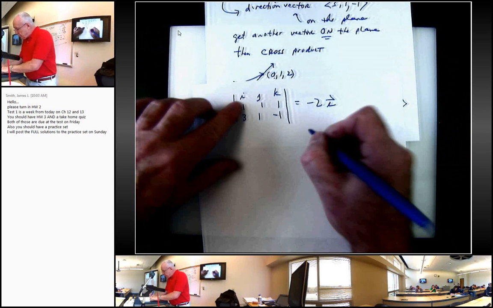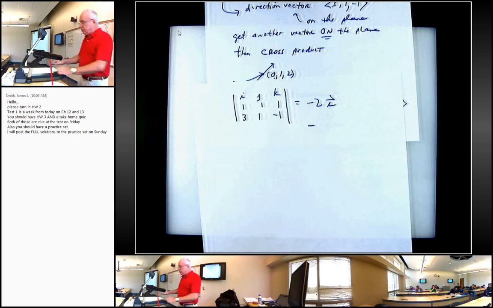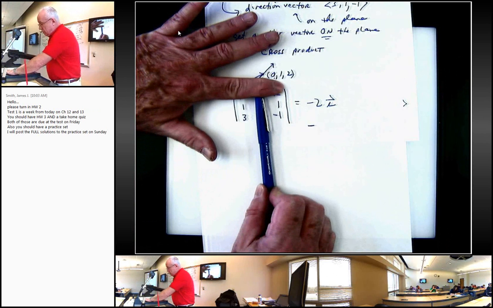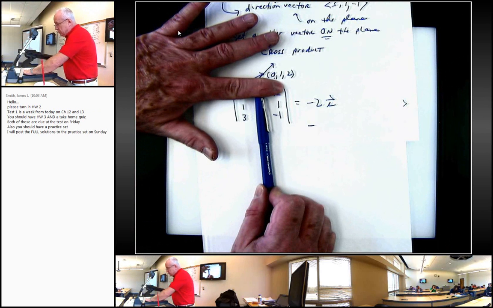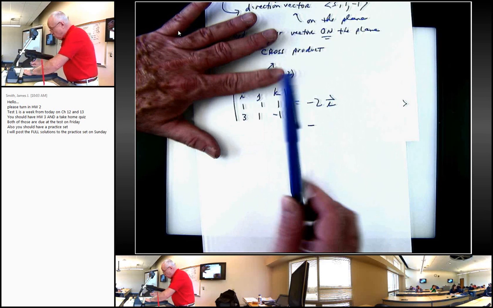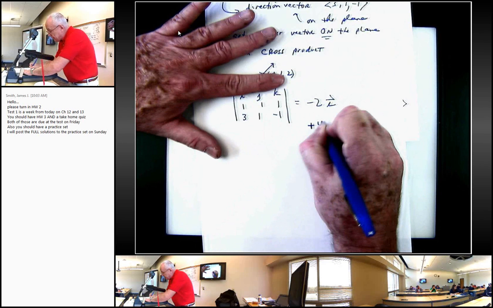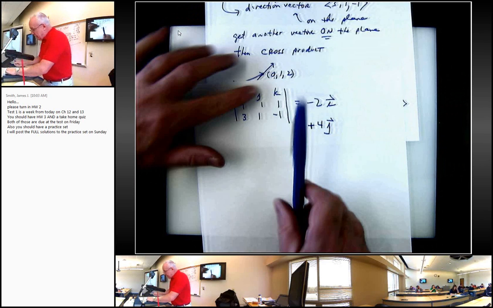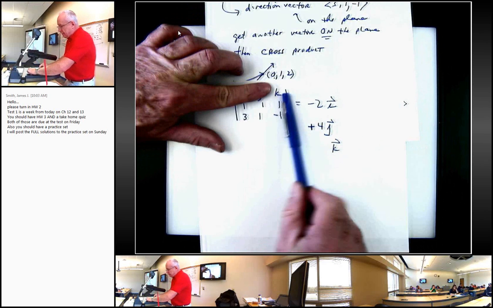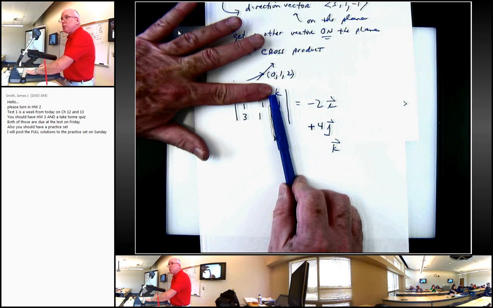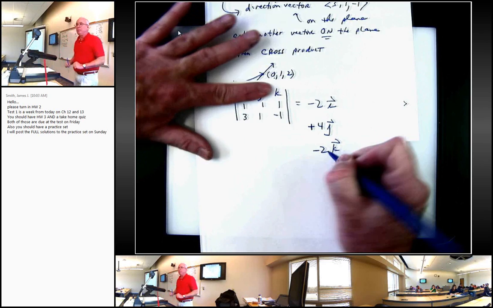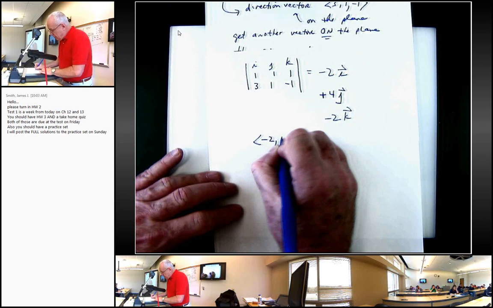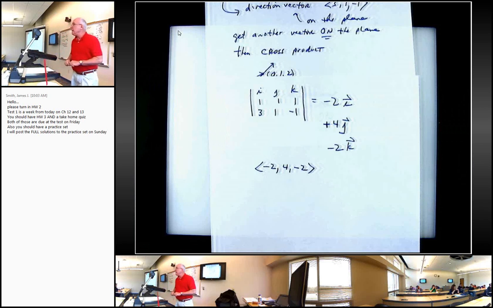And then remember, for the j, we have to put a minus there initially. And again, let's cross out. I get minus 1, minus 3, so I have a minus 4. But since I have to put a minus in front of it, that becomes a plus 4. And then for the k, let's cross that stuff out. I get 1 minus 3, which is a minus 2. So my orthogonal vector, I hope this was correct, is minus 2, 4, and minus 2.